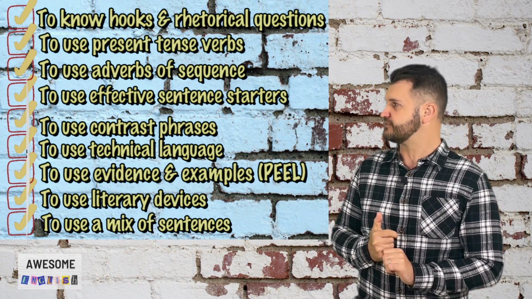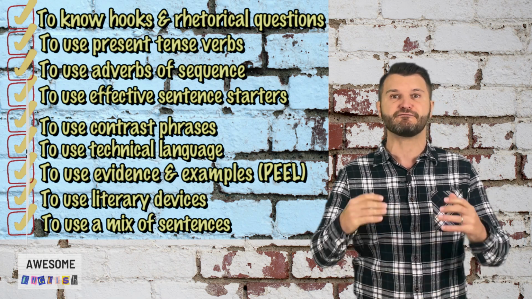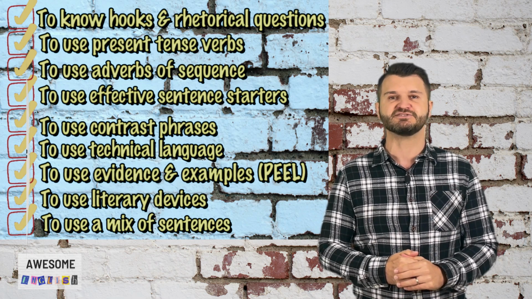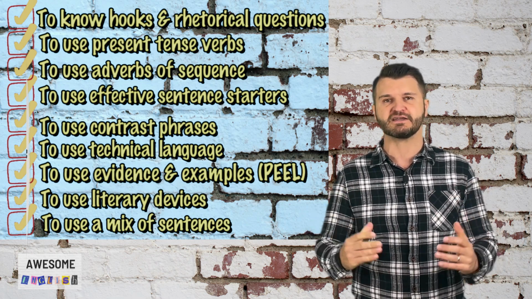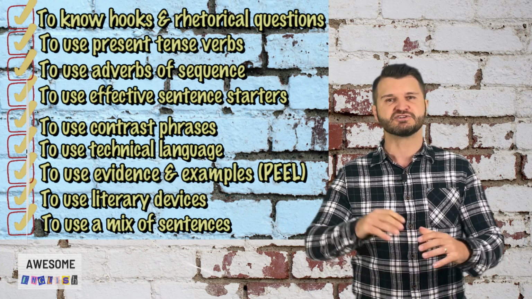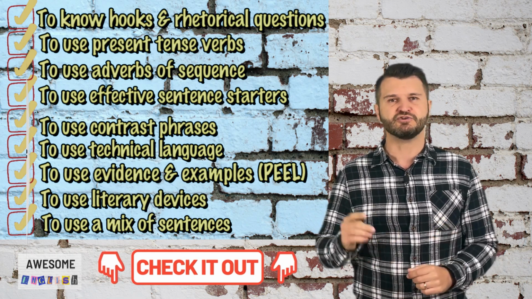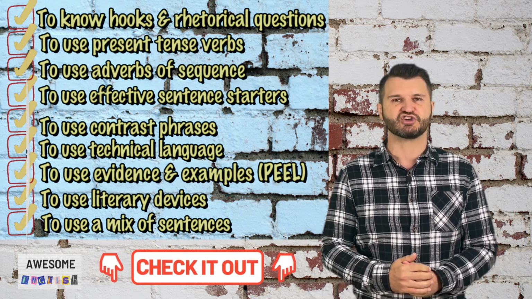Then we have literary devices. Why not make your essay engaging and exciting or even funny? Literary devices can do that for you. And then finally, using a mix of simple, compound, and complex sentences to show variety, make it easier for the reader, but again, you can check out more of these on the channel.